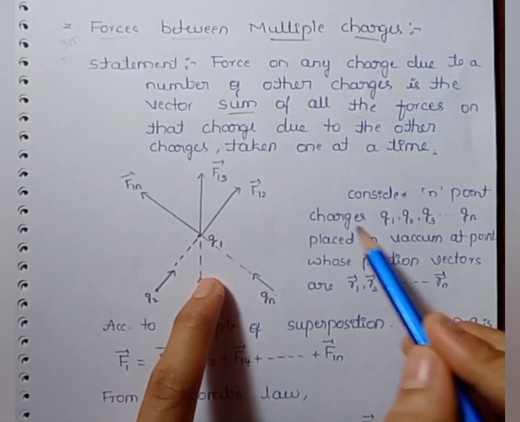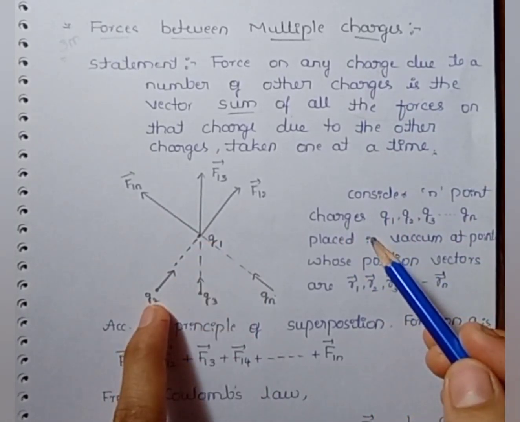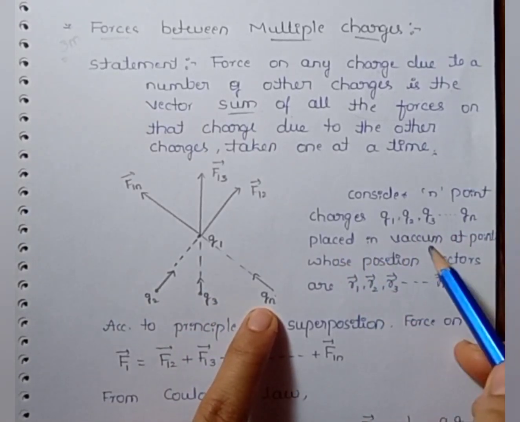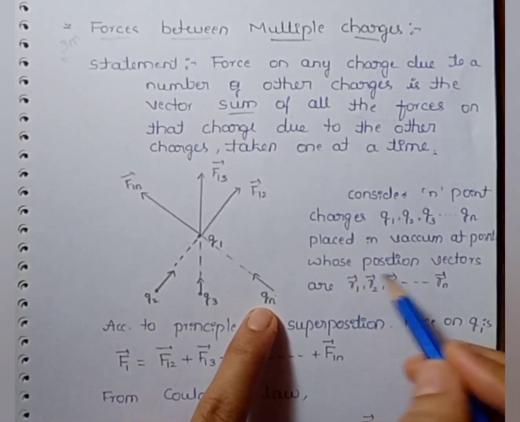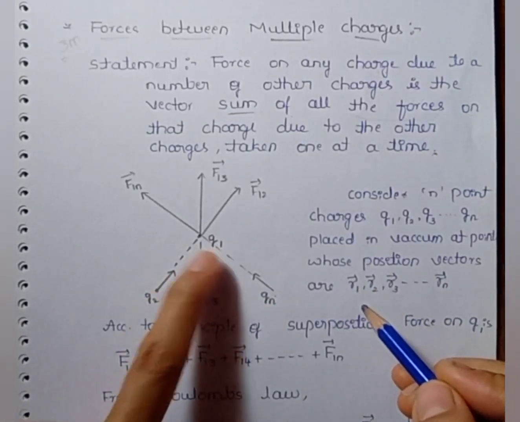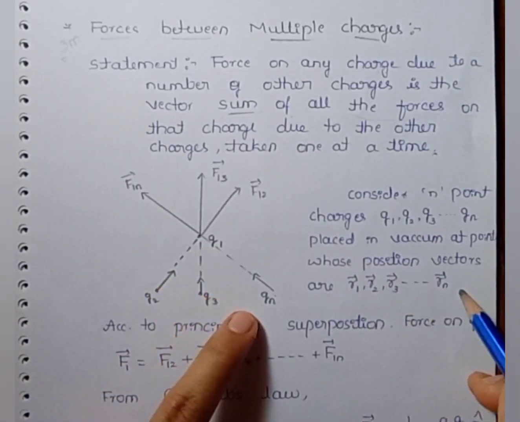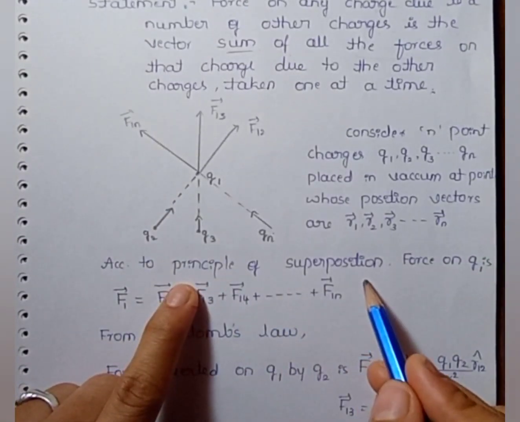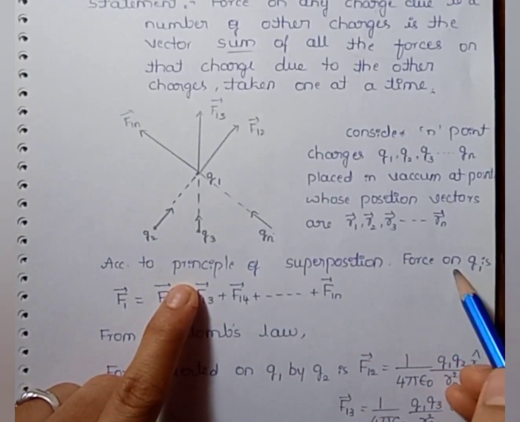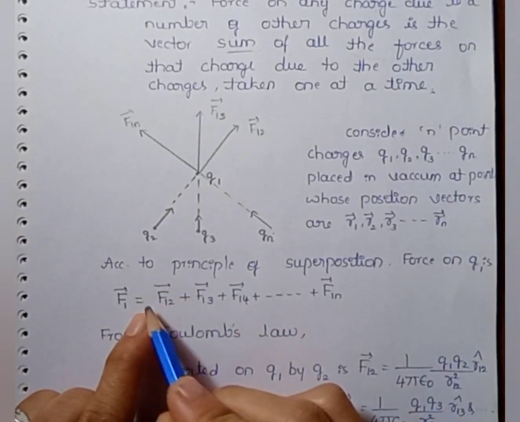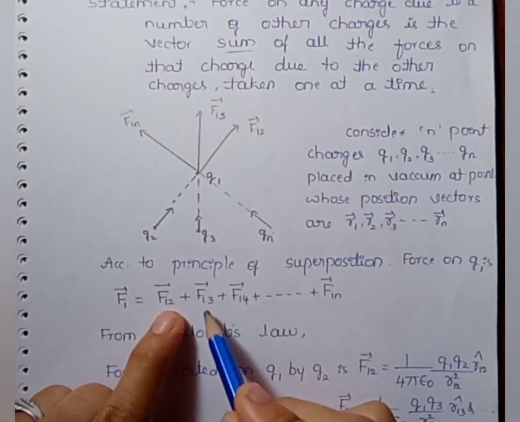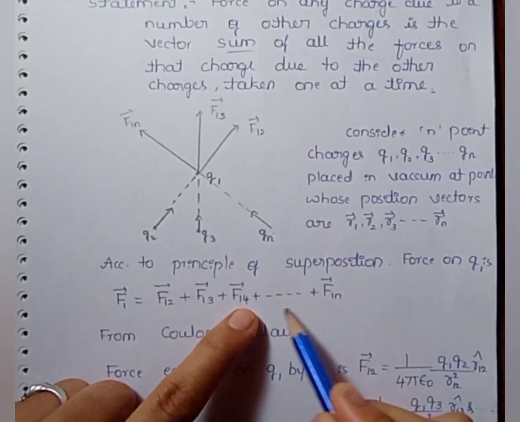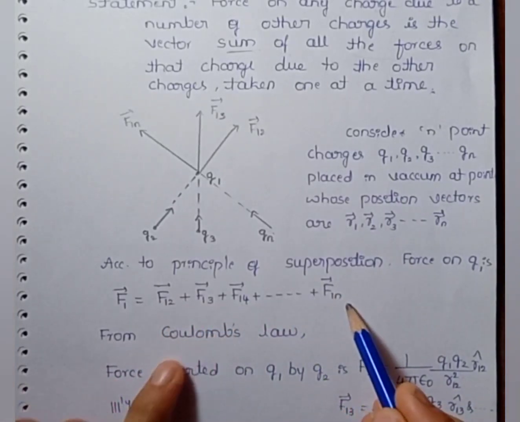Consider n point charges Q1, Q2, Q3 and so on up to Qn placed in vacuum at points whose position vectors are R1, R2, R3 and so on up to Rn. According to the principle of superposition, force on Q1 is equal to F12 plus F13 plus F14 plus so on up to F1n.